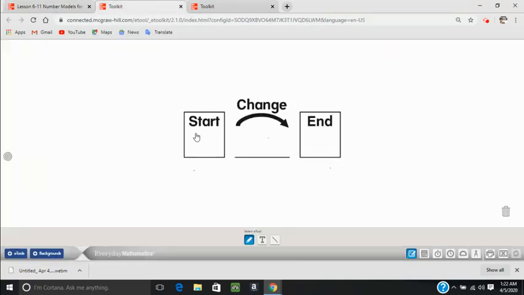I know that 2 times 5 is 10, so I'm going to write the number 10 here. We don't know the change, but instead of making the question mark, I'm going to write the C there for crackers, and we ended up with 7.